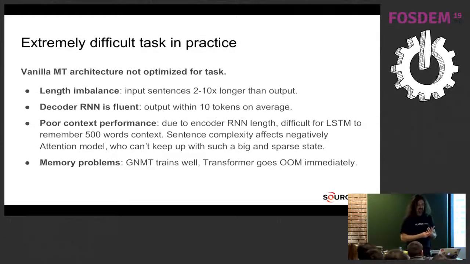And not even a human can remember a 500 words context. And this is not about a vanishing gradient problem, because the LSTM is able to prevent that. But over a length of 500, it cannot carry enough context. And the attention model, which is supposed to link the exact input word to the exact output word, cannot keep up with such lengthy inputs.